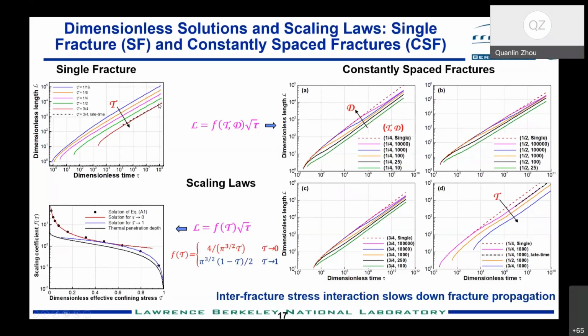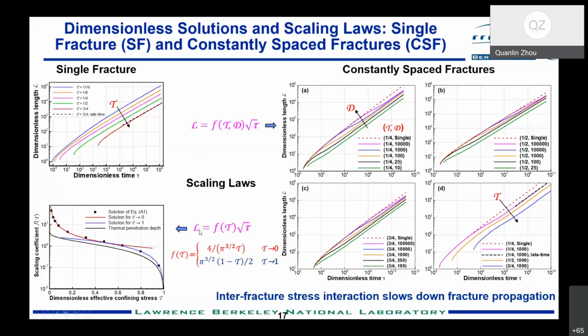That means at late time, we can use the scaling law to do the modeling and fast predictions. This scaling law was derived for some special cases, like T equals 0 or T close to 1. And then we have this formula.